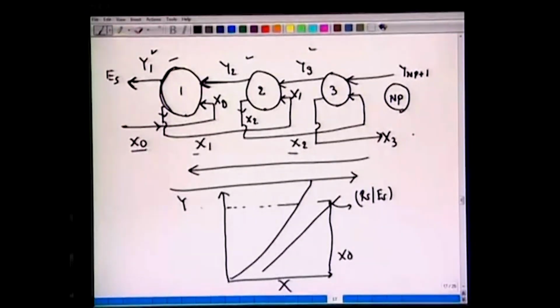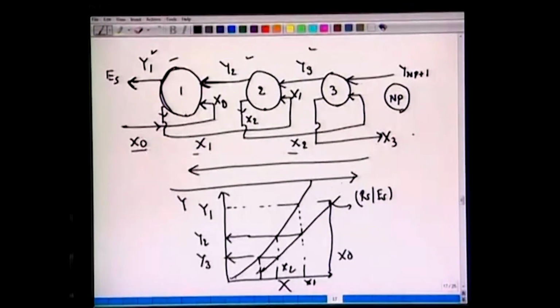Then we had y1, we said y1 is in equilibrium with x1, so we mark this point as x1. Then we had y2, then we had this as x2, and then we got this as y3.